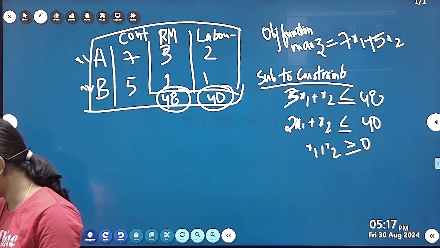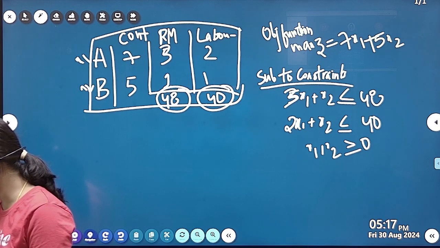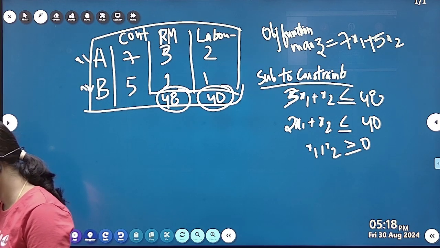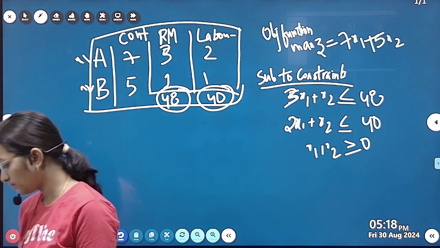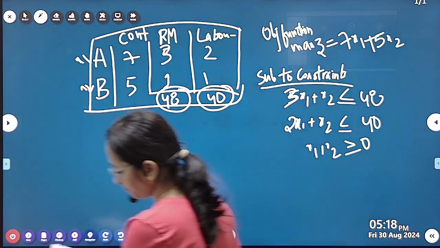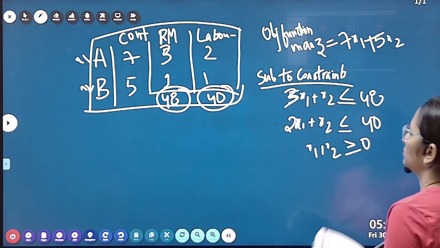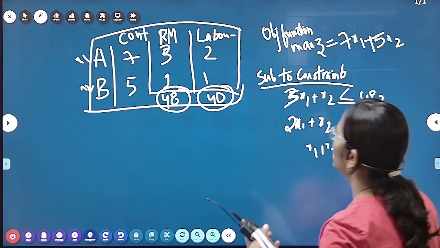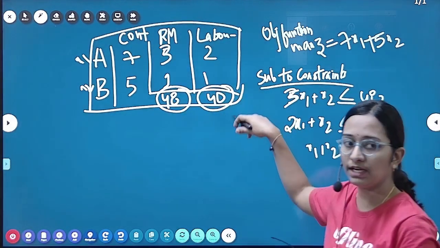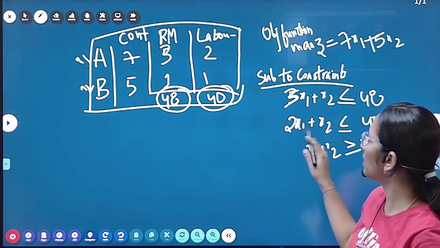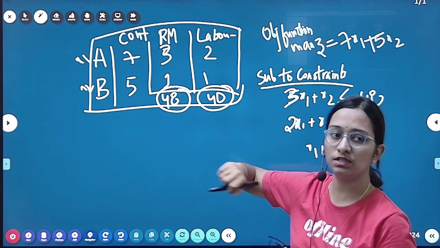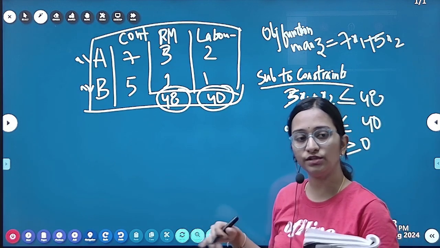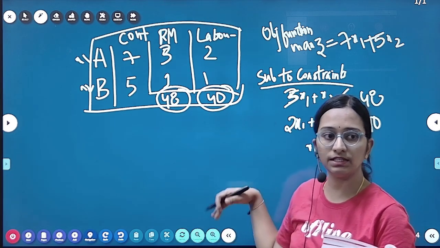So this is to formulate the linear programming problem, and in the question he also asked to write its dual. Dual can also be written as minimizing the raw material and labor, as another way of writing this question.